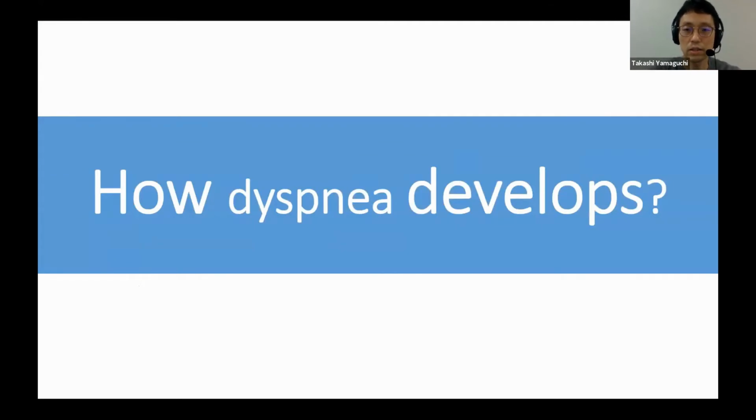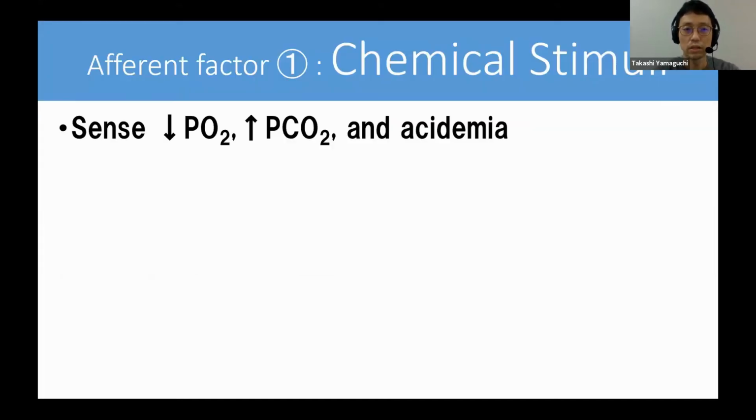So let's think about the mechanism of dyspnea development. Dyspnea is not a simple sensation. It's not like pain. There are several factors related to dyspnea development. First, chemical stimuli.